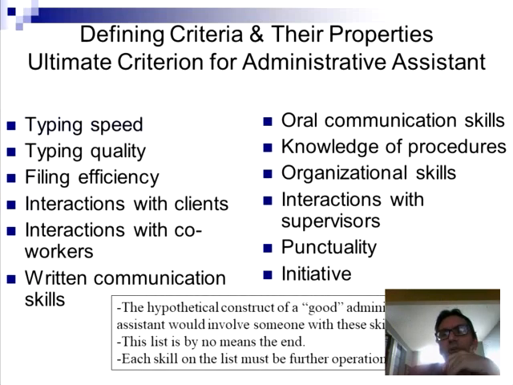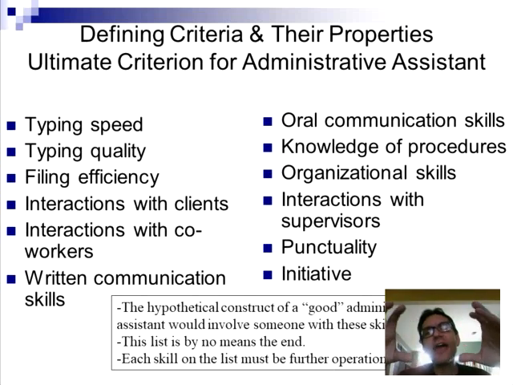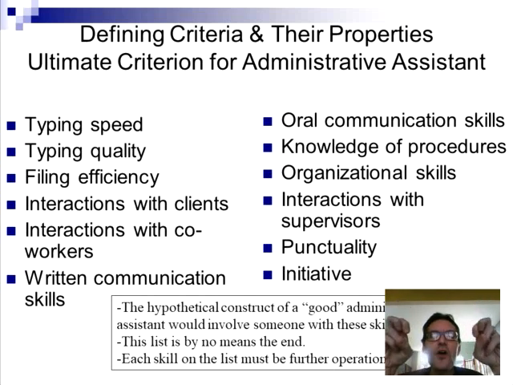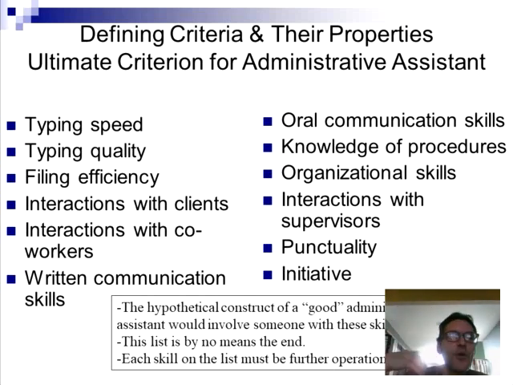This might be, as an example, for an administrative assistant, the ultimate criterion. In other words, a good administrative assistant will have high typing speed, high typing quality, high filing efficiency, etc. Good interactions with clients. But even though we're going to define this hypothetical construct of good using these different behaviors, again, we're going to have to take each one of these individual behaviors and define, what do you mean by has good interactions with clients? What is that?